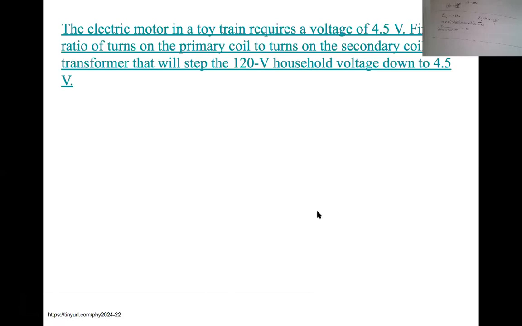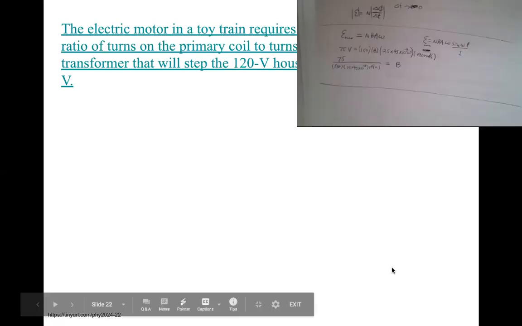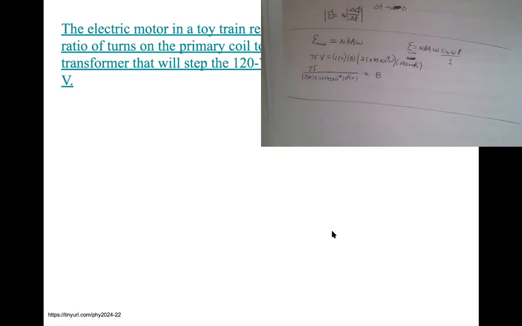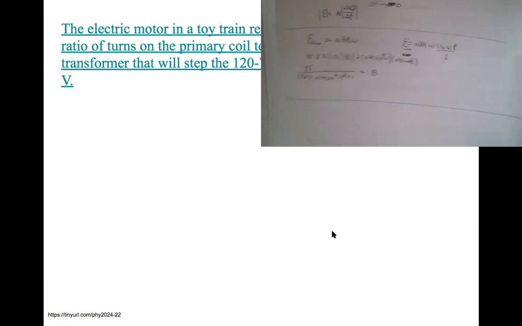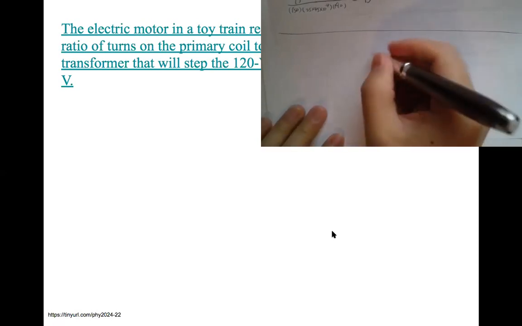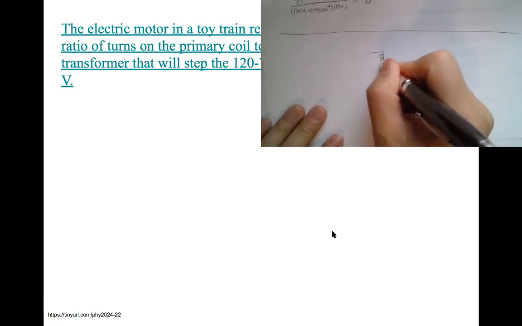So on this one, we are given that this is a step down transformer. So if you draw the transformer, you can look at the symbol of the transformer.